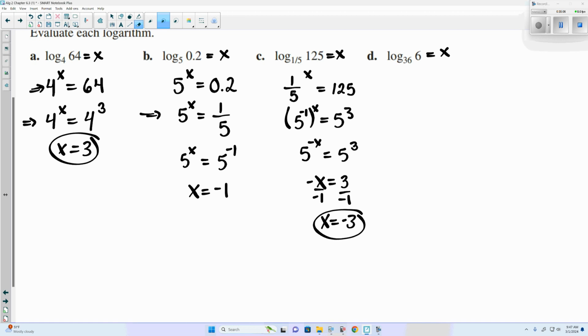Log base 36 of 6 equals x. So this would be what? 36 to the x is equal to 6. Well, we can go one of two ways. We can either turn 36 into 6, because we can do that, or we can try to turn 6 into 36. 6 times 6 is 36, yes?